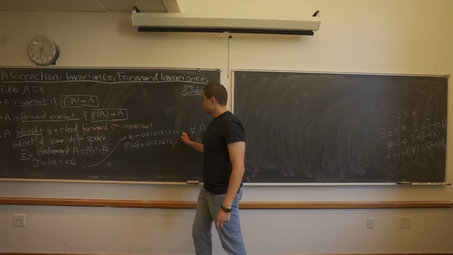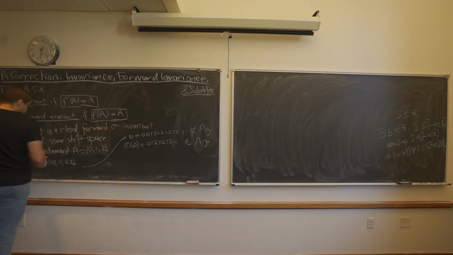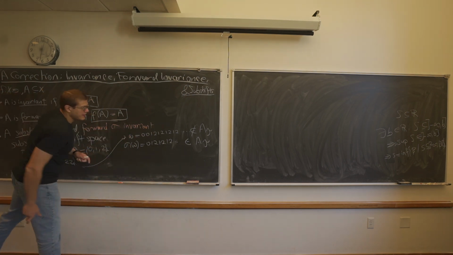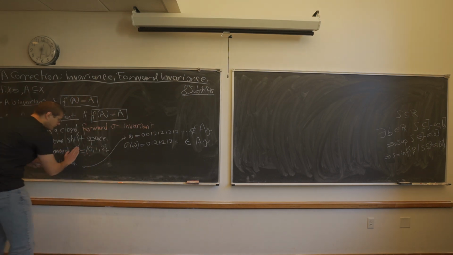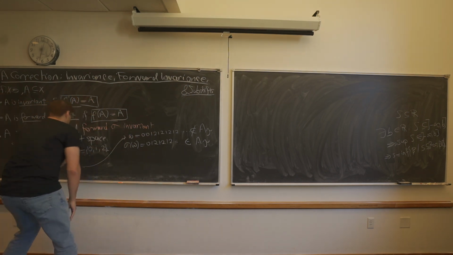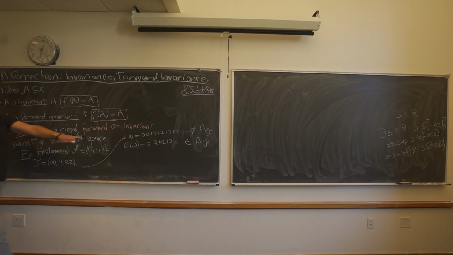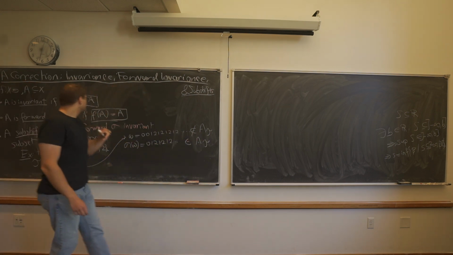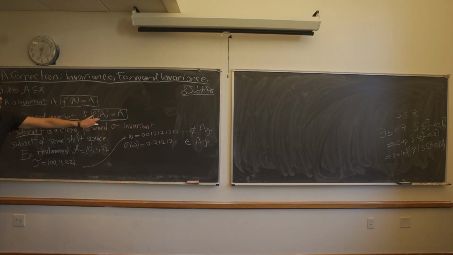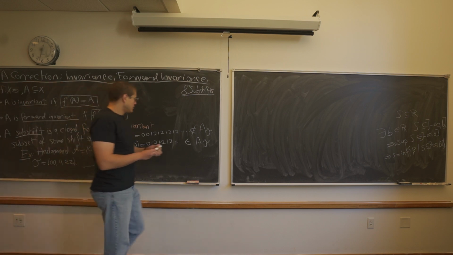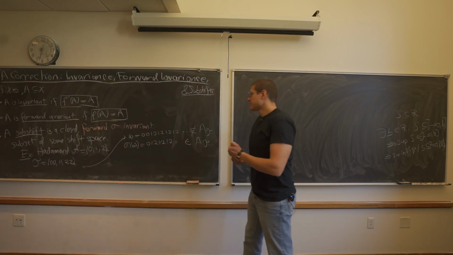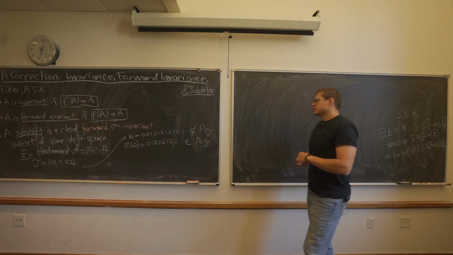So this means that this Hadamard shift, A tilde, maybe I should put a curly A here, doesn't satisfy this property, but it does satisfy this property. That's a minor point, but it's important.